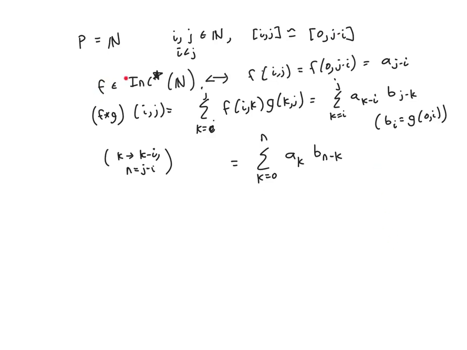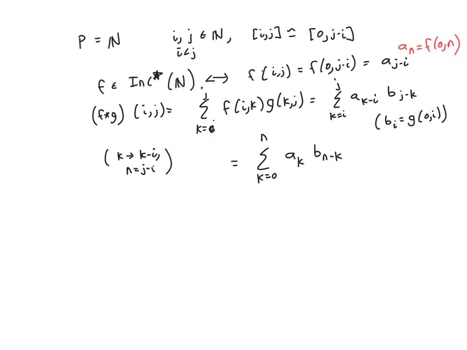Then a function is in this invariant subalgebra if and only if f of ij is equal to f of 0, j minus i. In particular, that means that you're really looking at a sequence. So define a sub j minus i, or a sub n in general, to be f of 0n. And then you see that really these functions correspond to sequences.